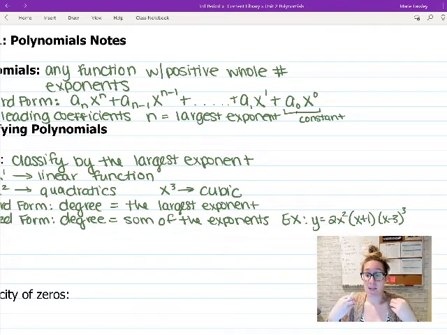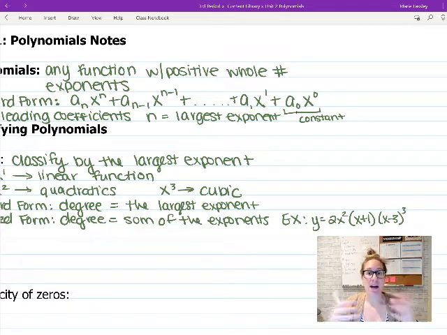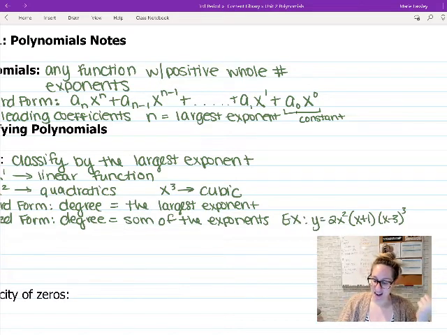If you wanted to figure out the degree of this polynomial, you do have technically two options. You can multiply the whole thing out, and then whatever your biggest exponent is in your standard form would be your degree. But that's a lot of work, and generally you don't want to multiply this out. That's really disgusting.